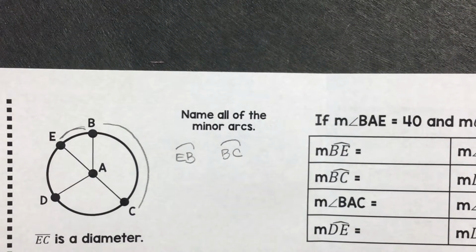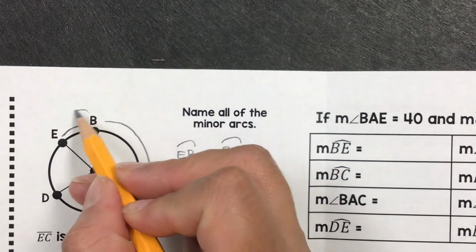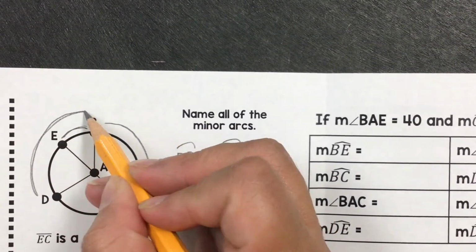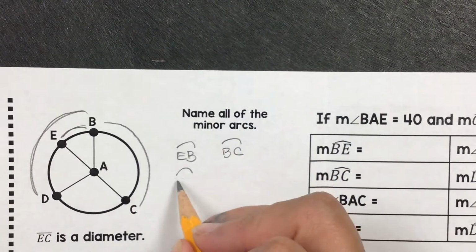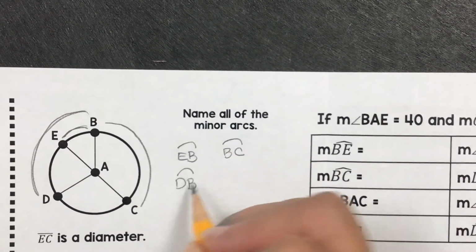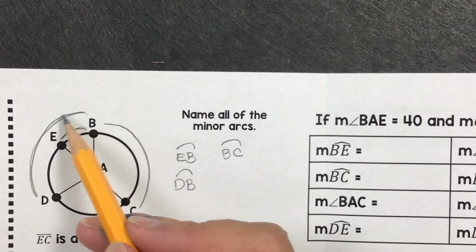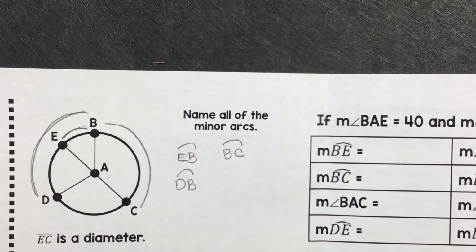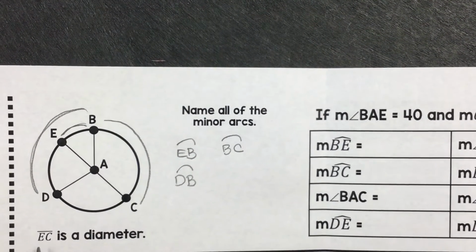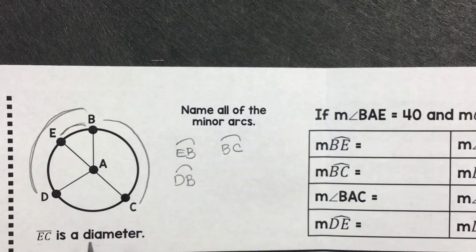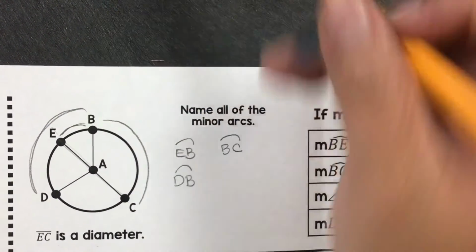I'm not going to name them all, I think you understand, but they also can be a combination of two arcs, for example, like this. And that's the arc DB. You can name them in the reverse, so this could be BD as well. We'll just go in the order of the letters given. It tells us that EC is a diameter, so that means that this cuts the circle in half.